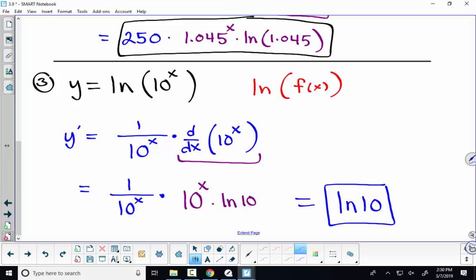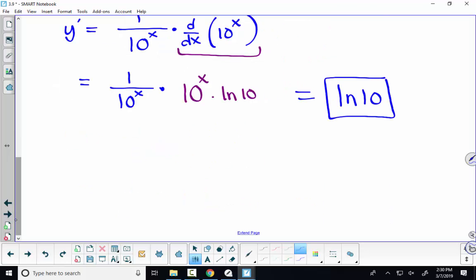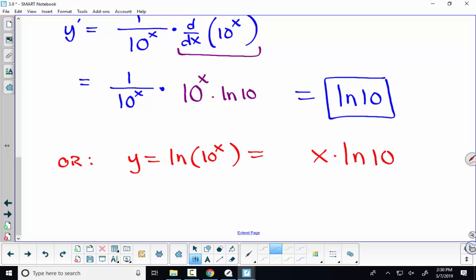We can also, again, look at ln of 10 to the x. Right, that's the log of something to a power. The power can come out front to multiply the logarithm. So by properties of logarithms, y equals the natural log of 10 to the x power is the same thing as x times the natural log of 10.